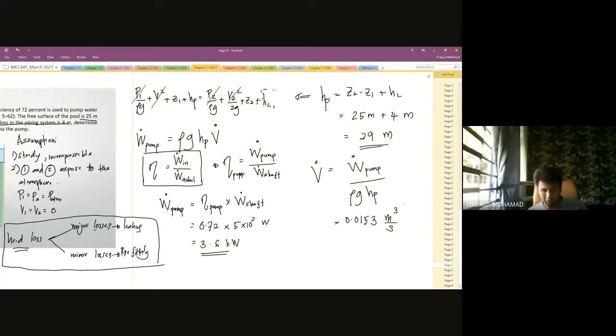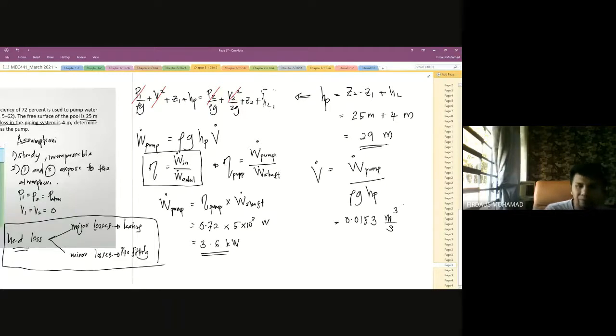W dot pump 3.6 eksponen 3 bahagi dengan 1000 kali 9.81 kali dengan head pump 29. 0.0127 kan? Ya, sir.